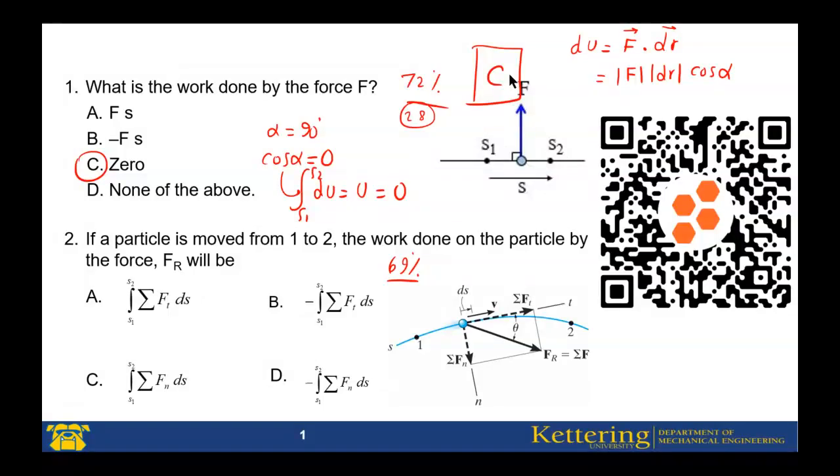Which one, the first or second? Because sigma Ft is along the direction of the motion, it should be positive. You do not need to just remember the formula. If sigma Ft is in the opposite direction, this answer will be correct.